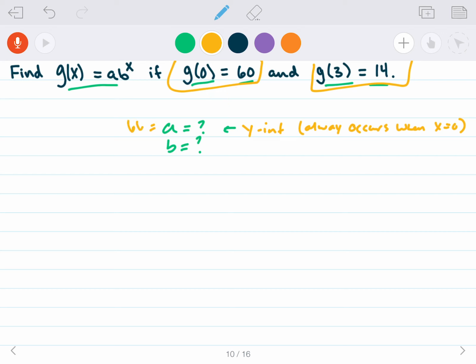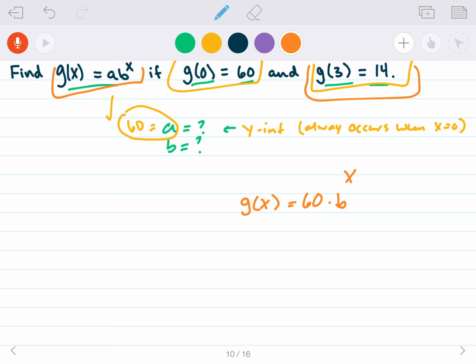So our a value is 60, and we have that piece, and now all we need to figure out is our b value. And we can use this other piece of information to get that. So using this format right here, we have g of x is equal to a, which we just said was 60, times b to the x. And the x and the g of x correspond to a point, right? G of x is like your y, and x, of course, is your x.